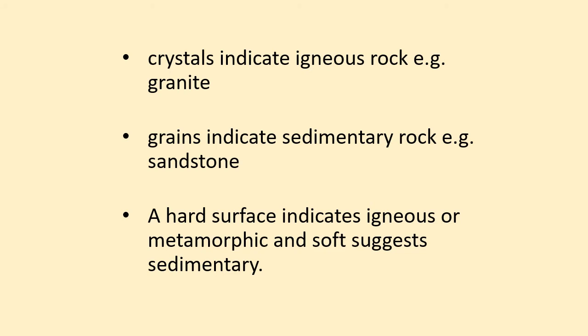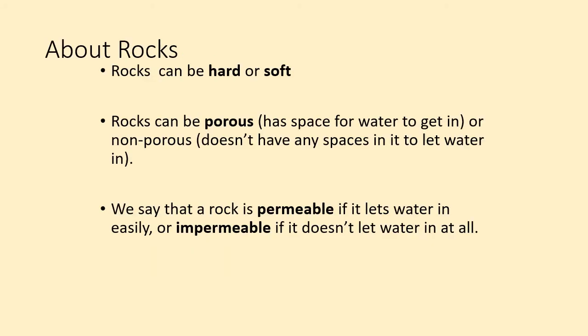And for your metamorphic rocks, they would not have reacted with any acid, and when you scratch them with a nail, they would have been very hard to make a mark on, and you definitely wouldn't have taken away any rock by scratching it. So when it comes to rocks, there are other words that we can use to describe them. The first thing that we can describe rocks as being is hard or soft.